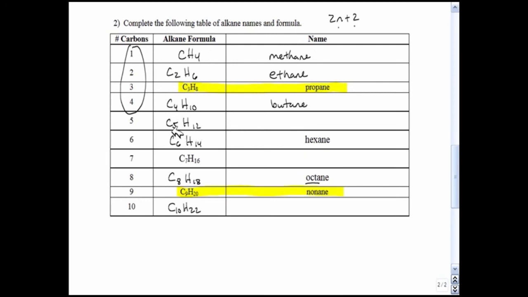And then C5, we start with the regular naming, so this becomes pentane. C7 would be heptane because 7 is given the stem hept. And then lastly, 10 is decane. So there you go. A little bit of learning to help you out in case you're going forward in chemistry. Plus, we will often talk about these as time goes on.